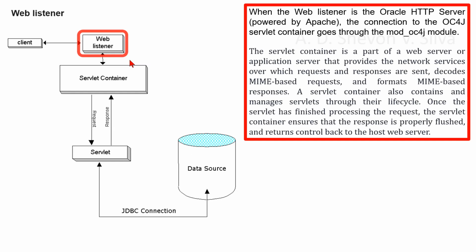The servlet container is a part of a web server or application server that provides the network services over which requests and responses are sent, decodes MIME-based requests and formats MIME-based responses. A servlet container also contains and manages servlets through their life cycle. Once the servlet has finished processing the request, the servlet container ensures that the response is properly flushed and returns control back to the host web server.